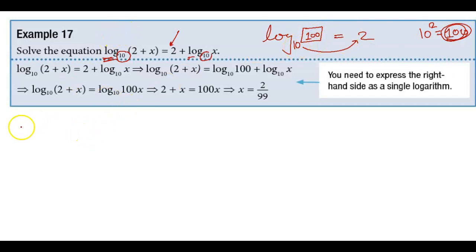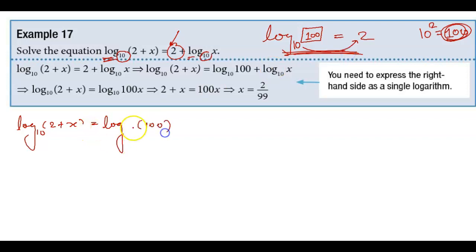Now, this whole equation can be written as log of 2 plus x to the base 10 equals, this 2 can be written as this expression, log of 100 to the base 10 plus log of x to the base 10. Now this is addition and we are having log on both the sides. So we will directly multiply 100 with x. Okay children, we can do that.